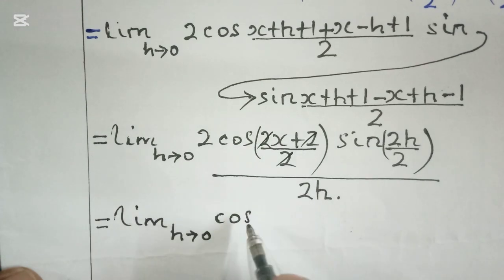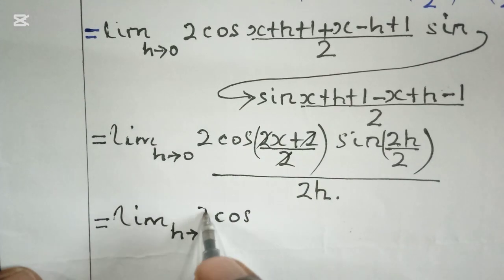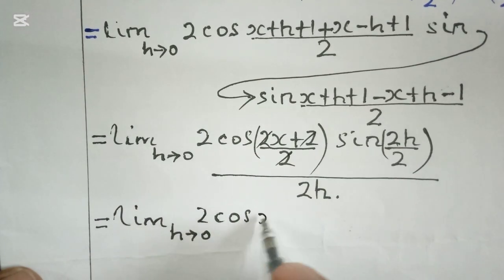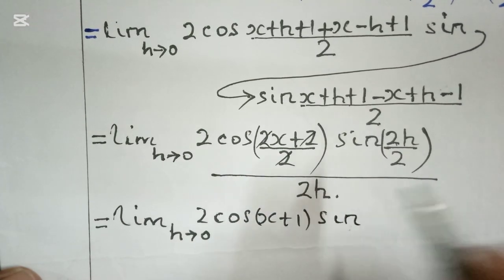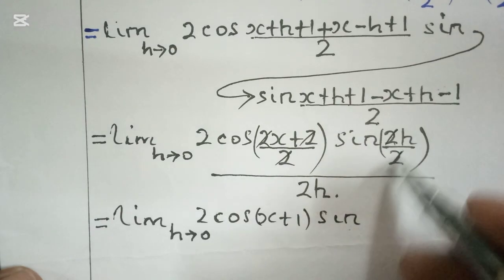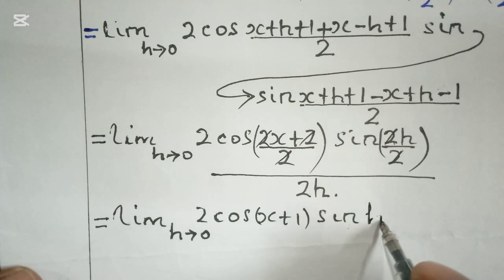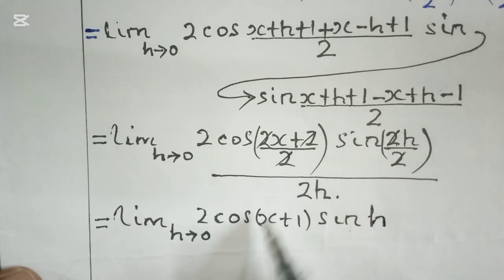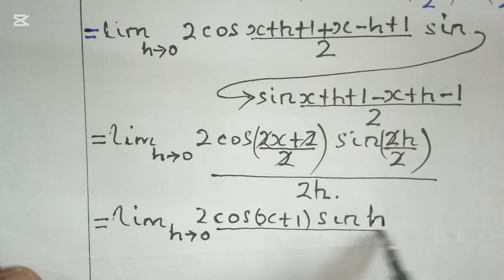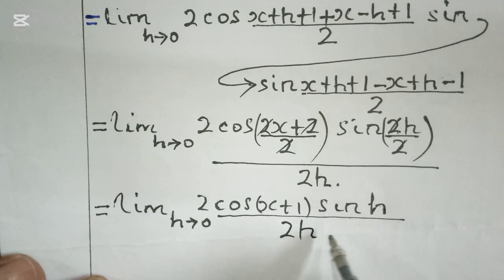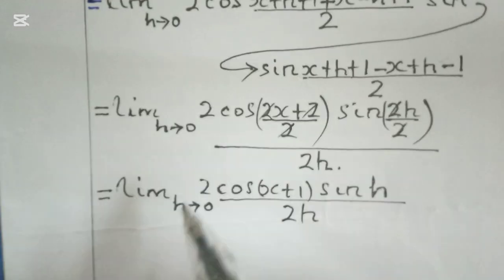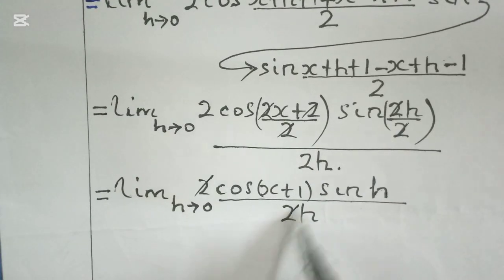For sine, you can divide that 2 and that 2, sine h, all over 2h. Guys, we can cancel that 2 and this 2.